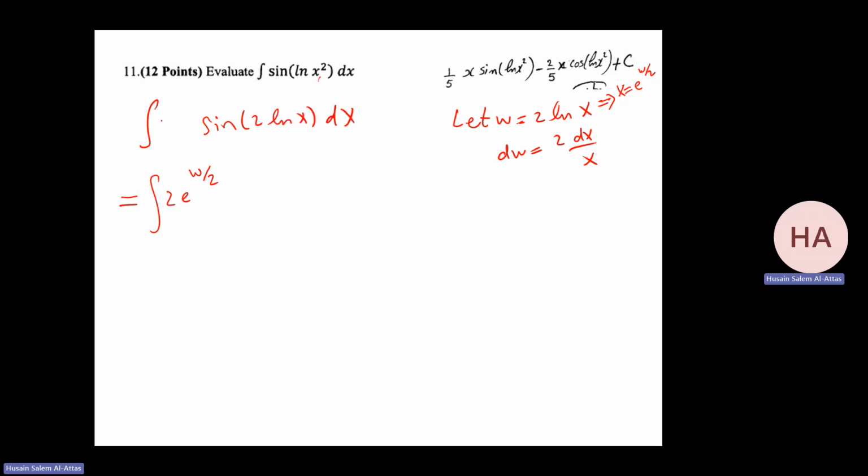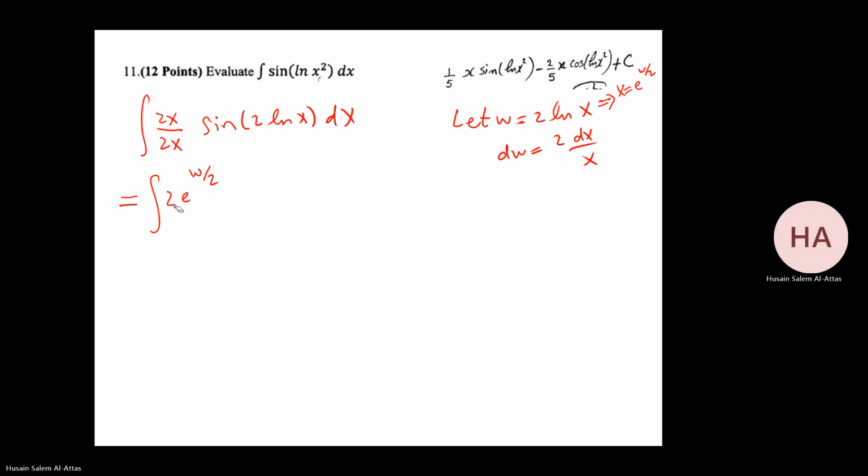I'm multiplying by 2x over 2x, and my dw is 2 dx over x.